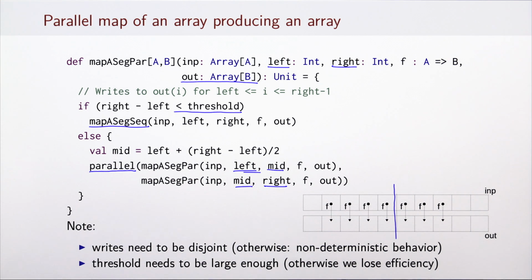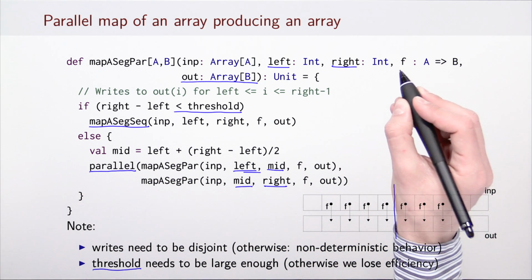In terms of performance, another point that we need to take into account is that this threshold needs to be large enough. This is particularly important for an example such as this, where the only thing that we are doing is writing certain elements of the array.